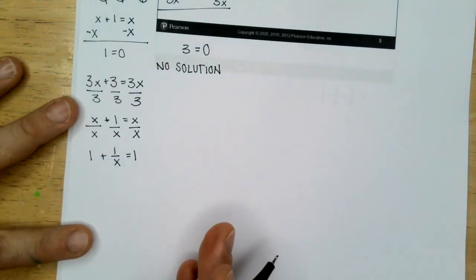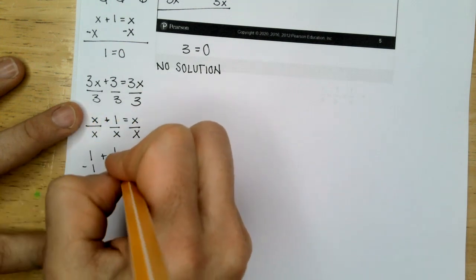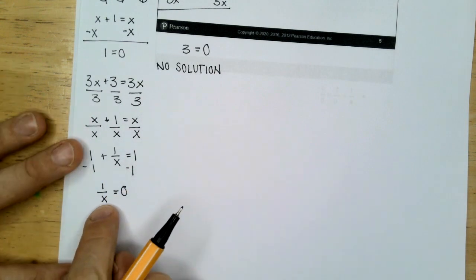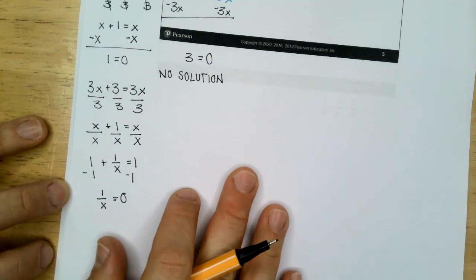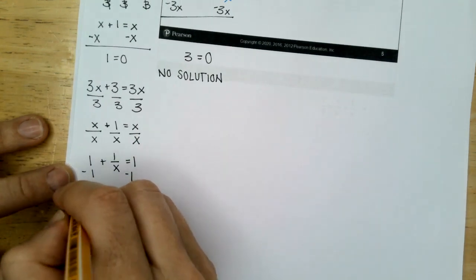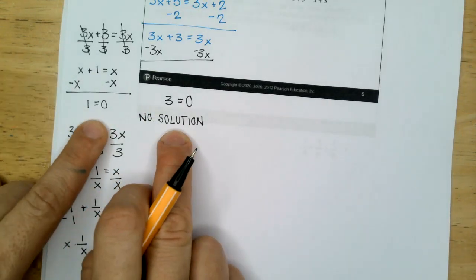No matter what you do, you'll eventually get to something equals 0, and it's not true, right? Oh, and then you have to multiply by x. Anyway, it can look different ways, but you're going to end up with something that is no solution.